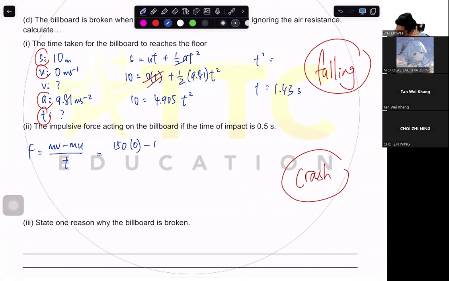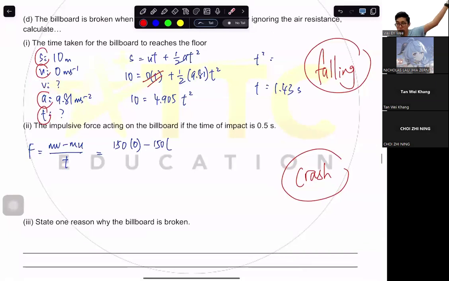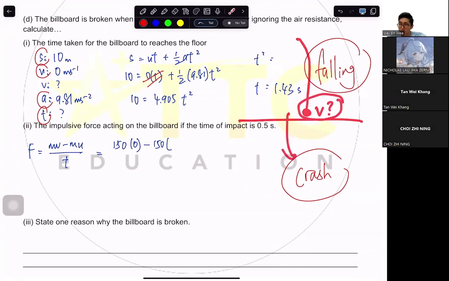But the initial velocity, you have to get from where? Right before it hits the ground, that's your final velocity of falling. This is the first moment of your crash, right before you crash.